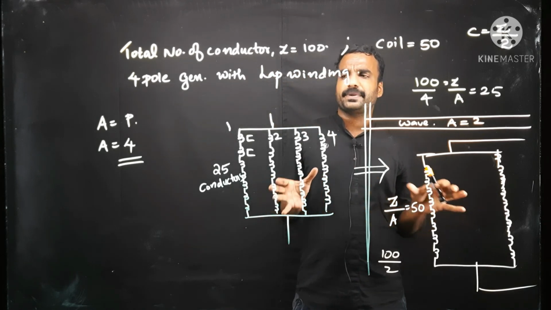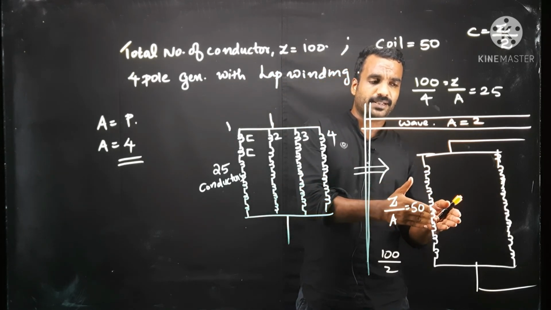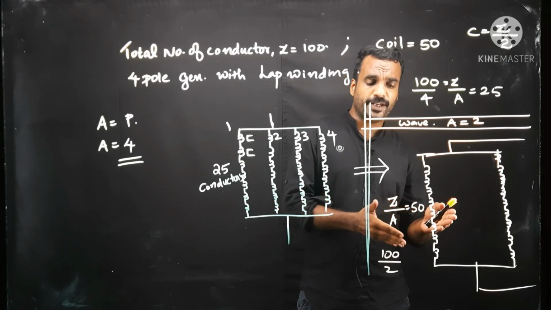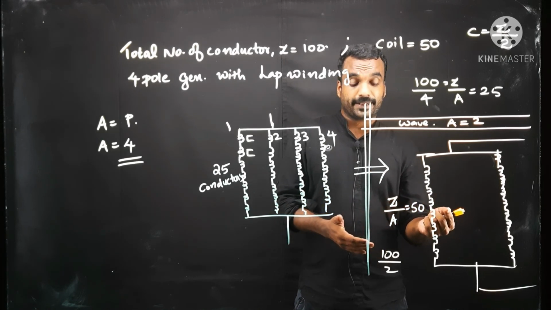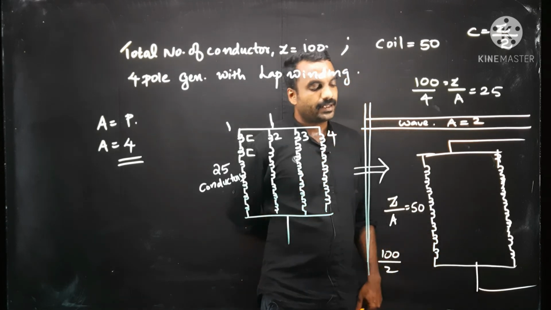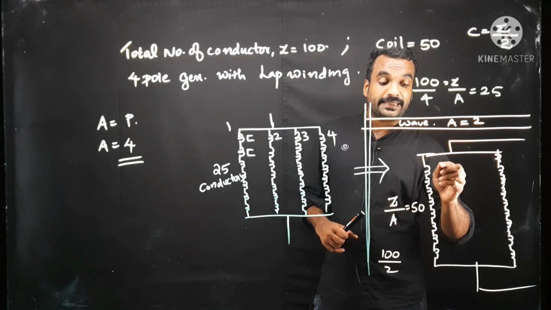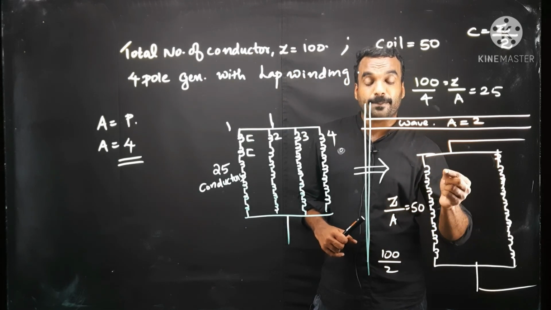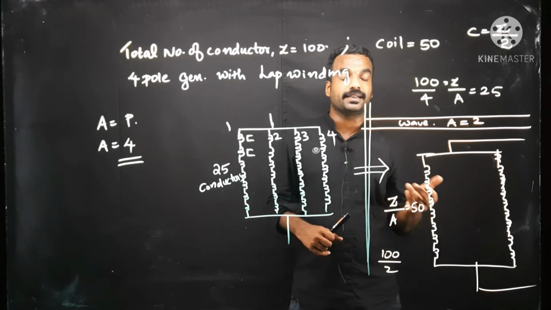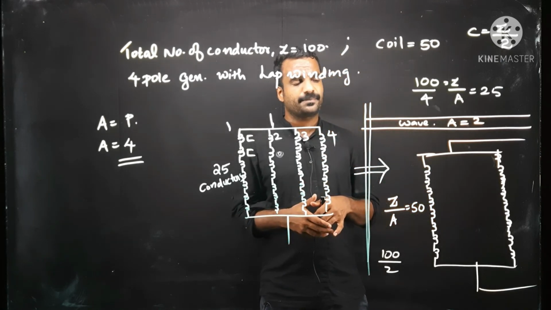This concept is very important for the EMF equation. When the same machine is converted to wave, conductors per parallel path increases. That is, the number of series connected conductors increases. So if series connection increases, what happens?